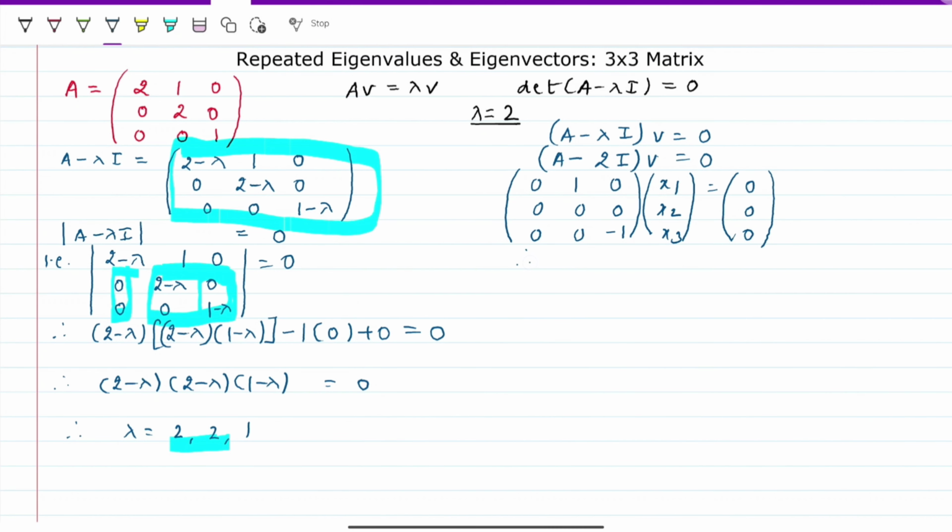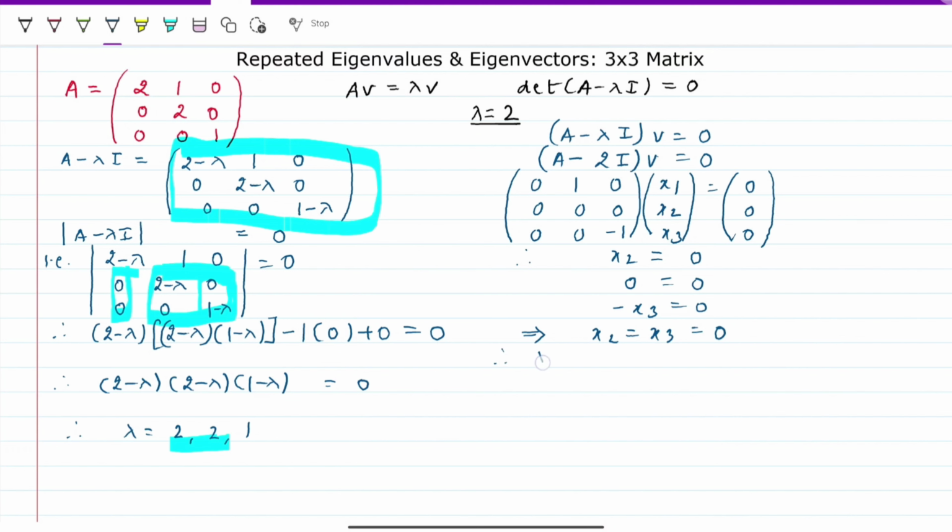Simplifying this as equations, we get x2 is equal to 0 from the first row. From the second row, we get 0 is equal to 0, and from the third row, we get minus x3 is equal to 0, which implies that x2 equals x3 equals 0 and x1 is a free variable.